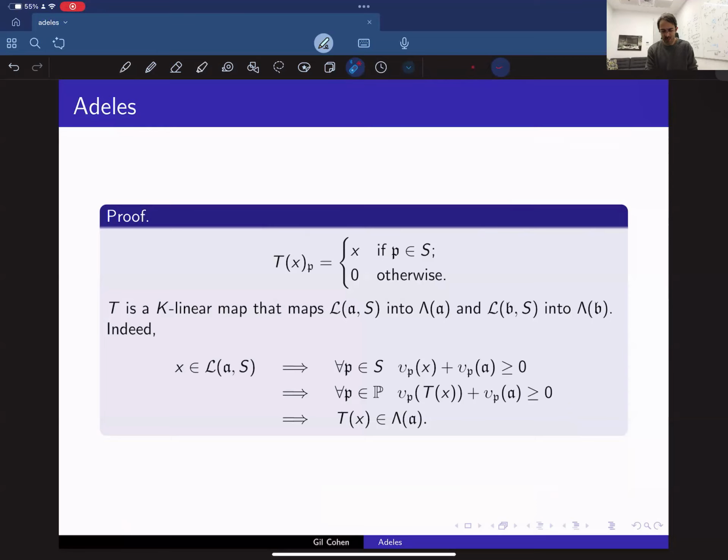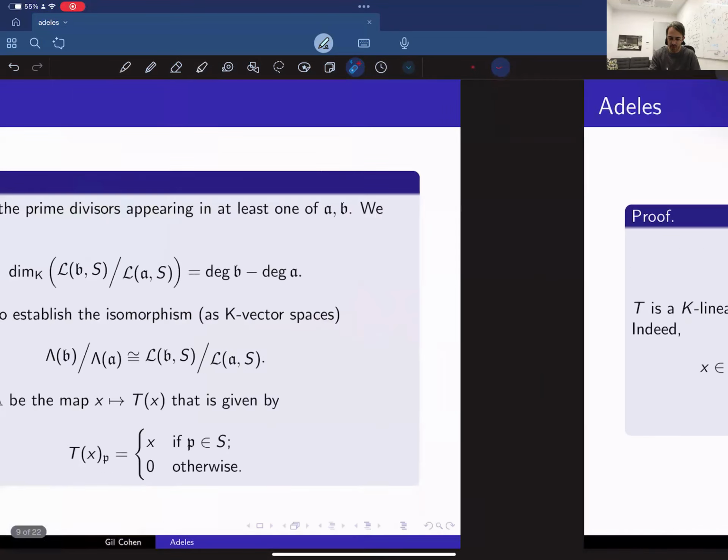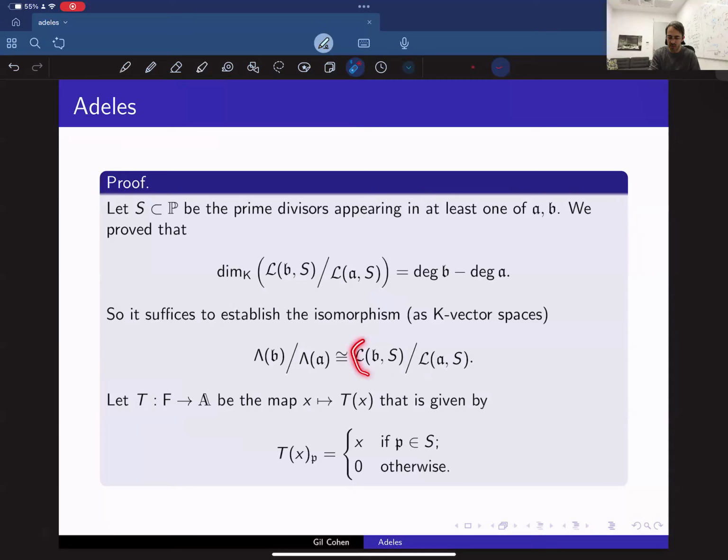And what I'm claiming is that if you restrict it to these truncated Riemann-Roch spaces, because currently it's defined from F, then it maps this truncated Riemann-Roch space into lambda of A. And similarly, with the same argument, this Riemann-Roch space into lambda of B. Going back, I want to find a map from here to here, but we started with a map from F to Adeles, and what I'm saying is that if you restrict yourself to here, then you end up here.